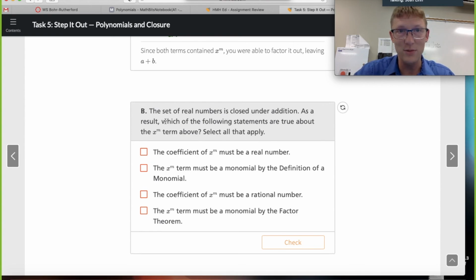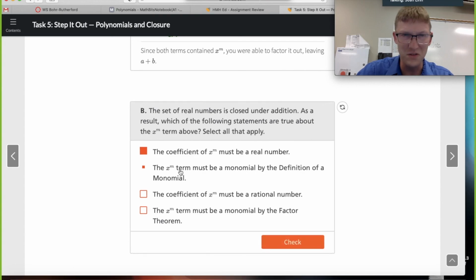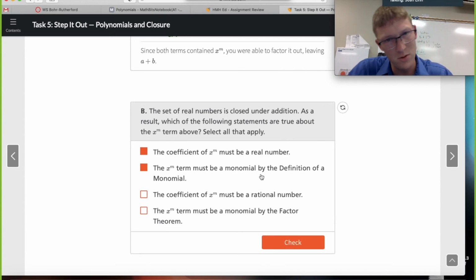As a result, which of the following statements are true about the x to the mth term above? Select all that apply. The coefficient of x to the m must be a real number. I'll agree to that. The x to the m term must be a monomial by definition of a monomial. I think so, but I don't specifically remember the definition of a monomial.